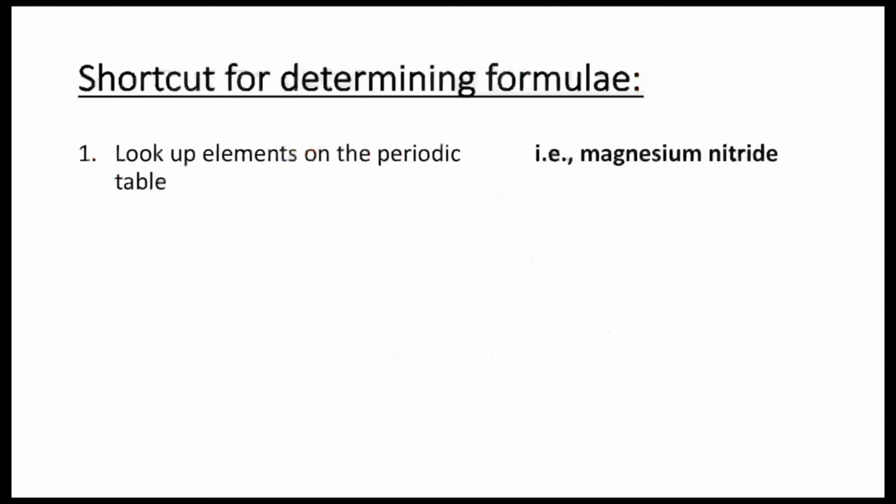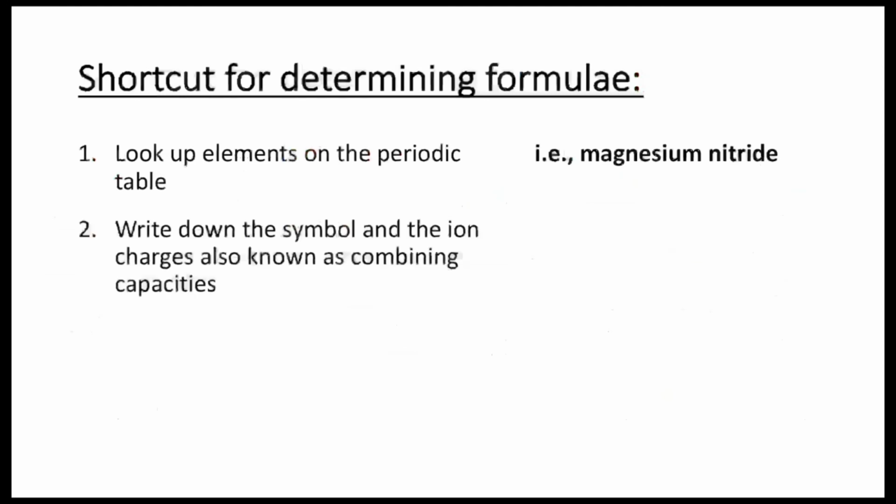So for example, magnesium nitride, we write down Mg, which is 2 plus, and nitride is nitrogen, which is 3 minus. Okay. Write down the symbol and the ion charges, also known as combining capacities. So here we go, Mg2 plus and N3 minus.